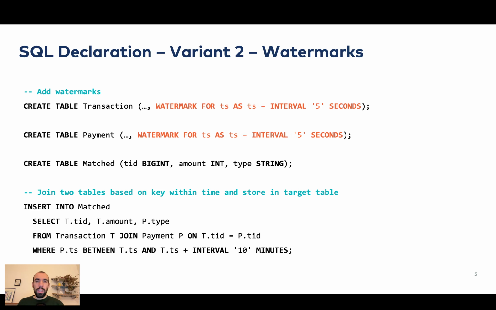As you will see in the course of this video, watermarks in this case only serve as an optimization for saving resources. Apart from the watermark declaration in this example, everything else stays the same. So the SQL query has not changed.